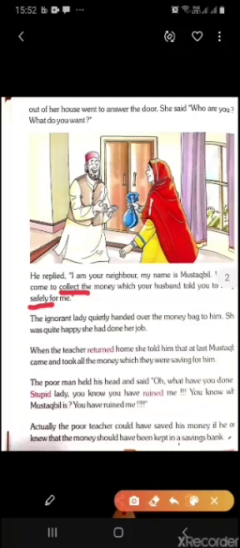Let's mark some more important words. The word is ignorant. Next is quietly.